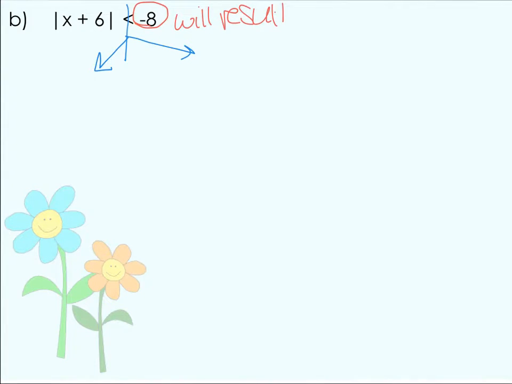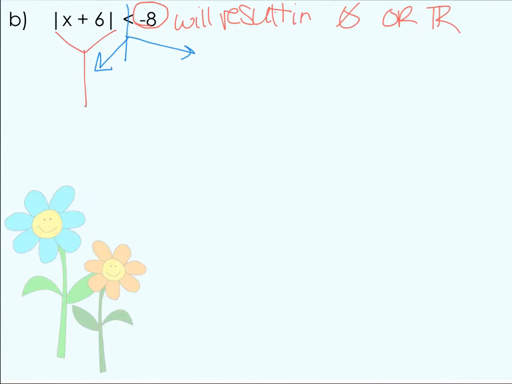One of the two. So we have to figure out when is it a no solution and when is it all real numbers. So here's what I want you to think on this.